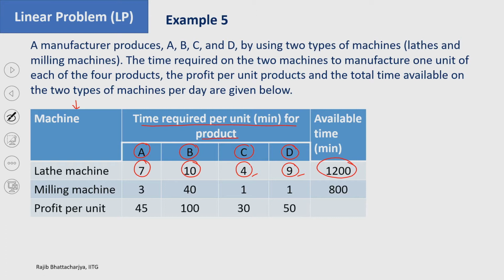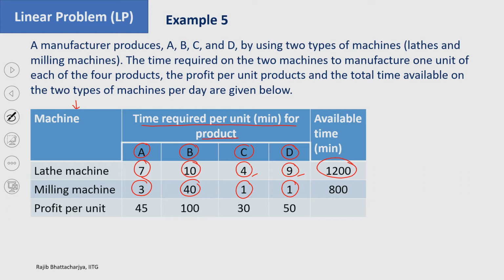The same product A, if we are using the milling machine, then the time required is 3 minutes for product A, then 40 minutes for product B, then 1 minute for product C and 1 minute for product D. Now, what is the profit we can earn?